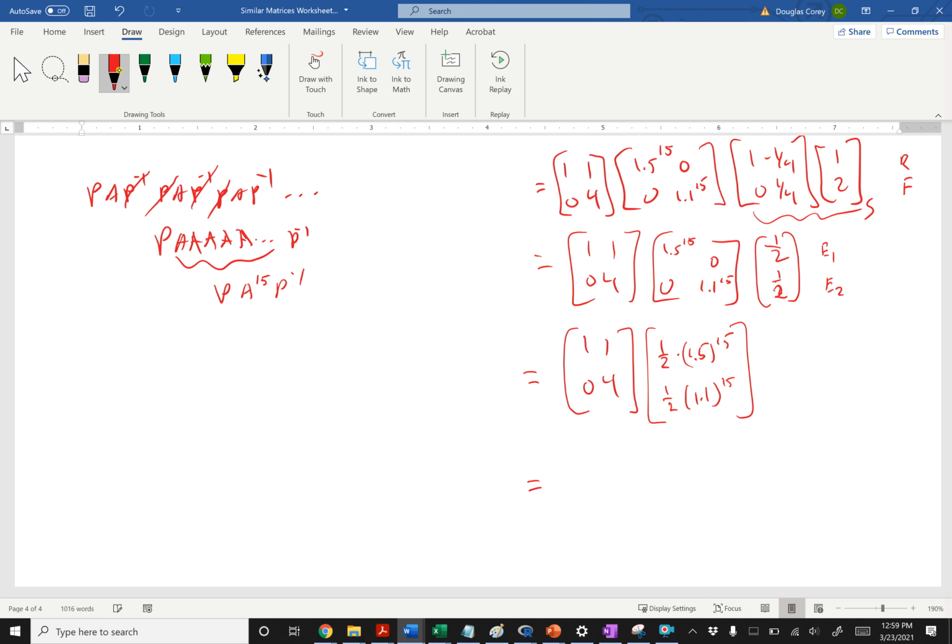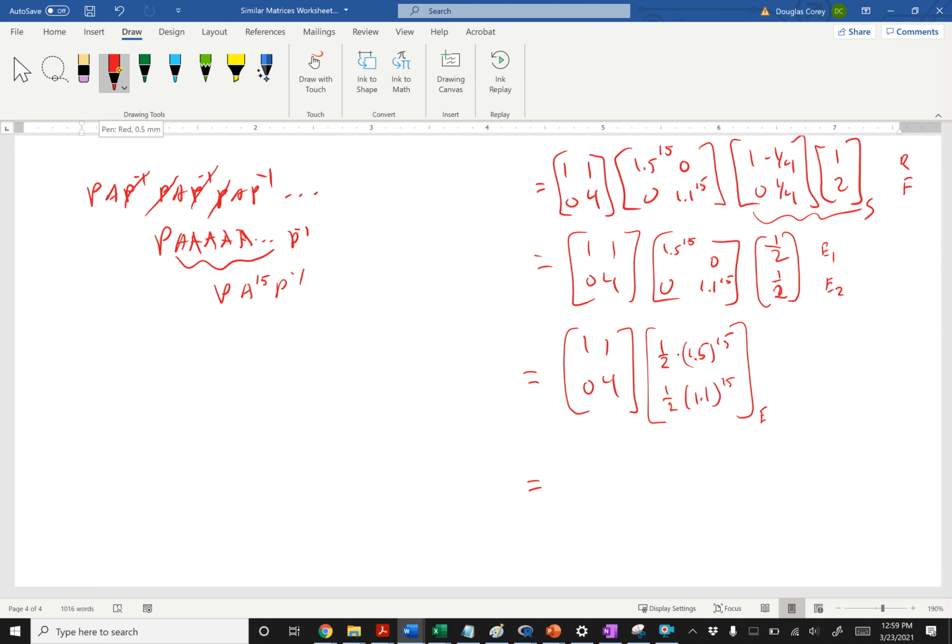So now I do this, because this is in the eigenbasis and not the rabbit-fox basis, but I want to get it back to rabbits and foxes, so that's what this is. This first one will tell me how many 1, 0 I have. The second one will tell me how many 1, 4 combinations I have, and then it'll get me back into rabbits and foxes.